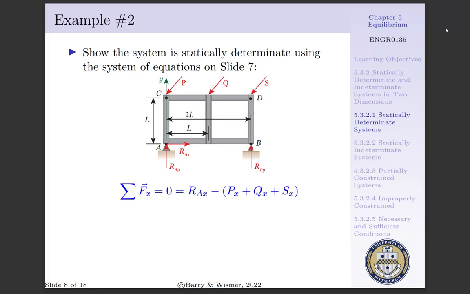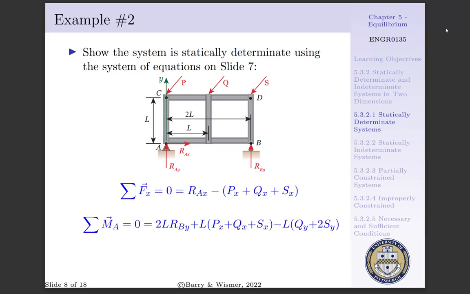This equilibrium equation remains unchanged, and we are able to solve for Rax. We'll also take our summation of moments about point A and set this equal to 0. We see RBY acts on a moment arm of 2L, and Px, Qx, and Sx act on a moment arm of L, and these contributions create a counterclockwise rotational tendency.